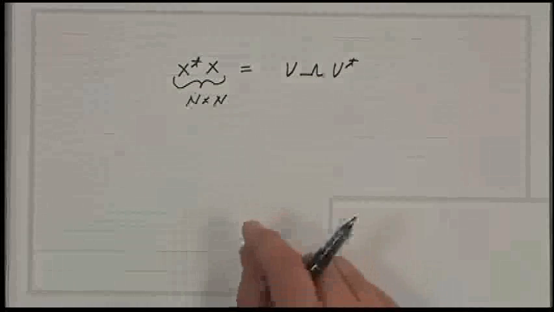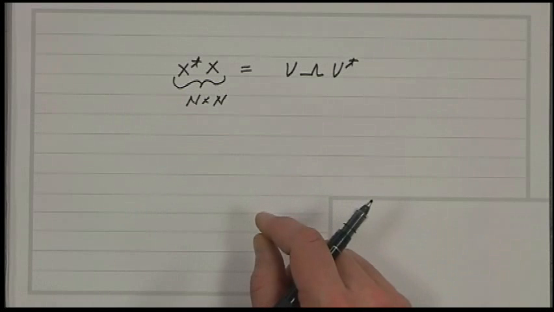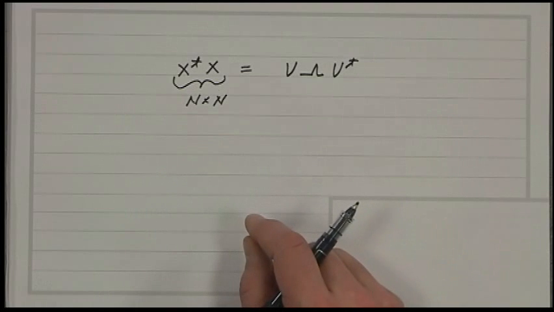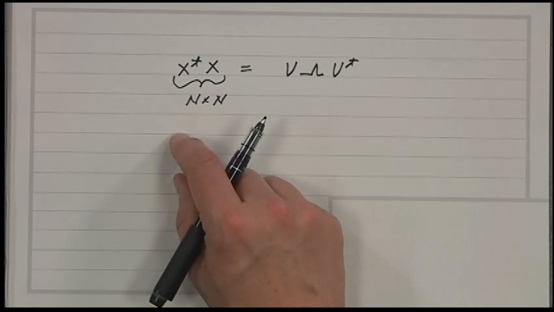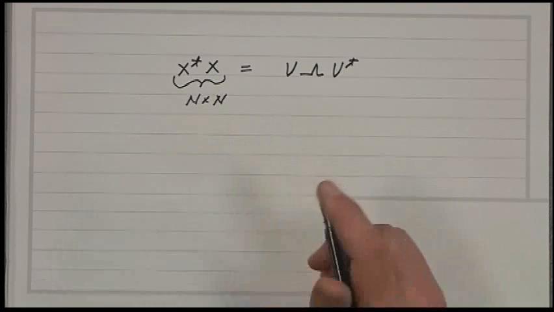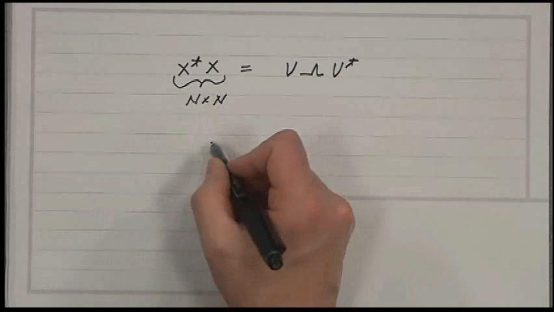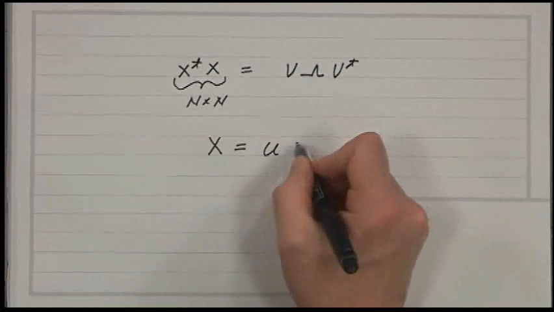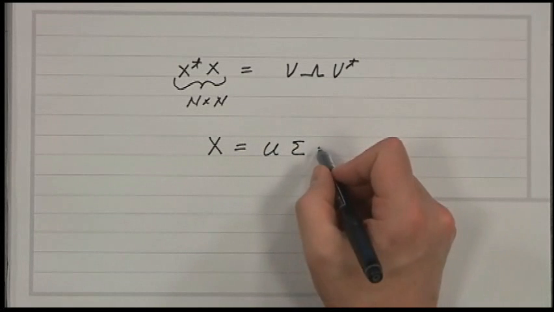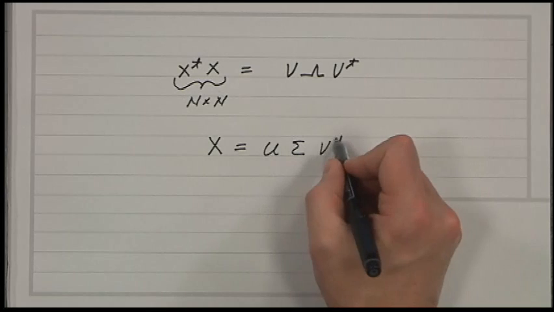I just have to make sure I do this correctly. So to compute, then what you do is you say, okay, I know that X is equal to U sigma V transpose, right?